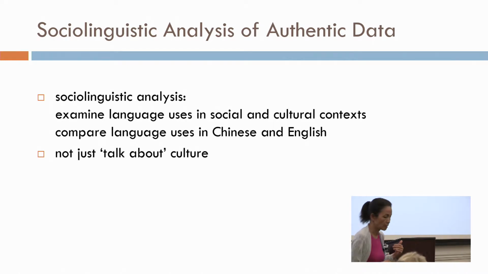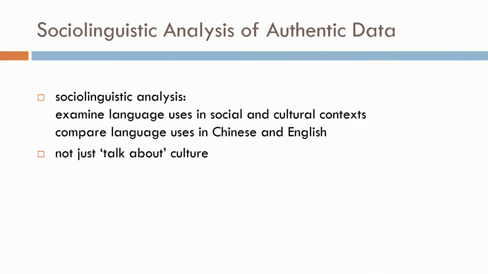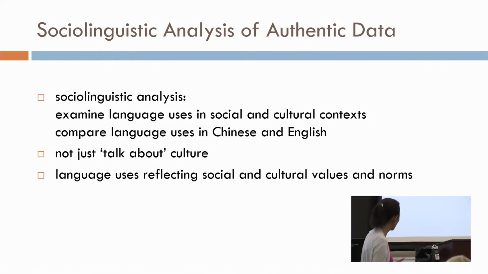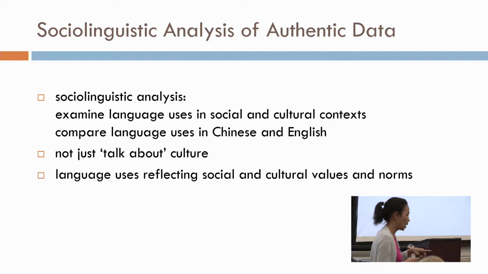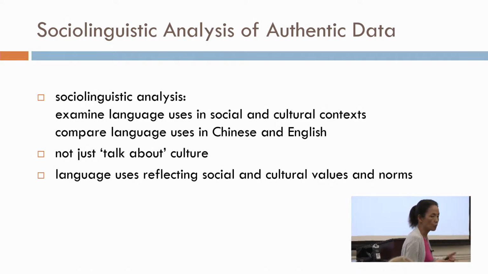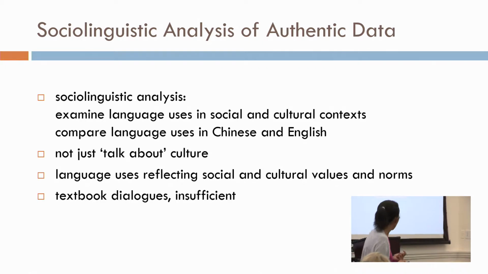So in Chinese class, we don't want to just ask how we celebrate Chinese New Year or how we cook Chinese food, right? We want to see how people use words, sentences, and interaction to convey meanings. What I want to show today is how I guide students to see language used in context, and how it reflects cultural values and social norms.